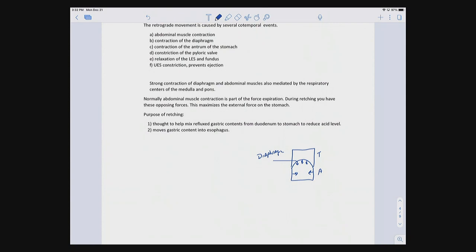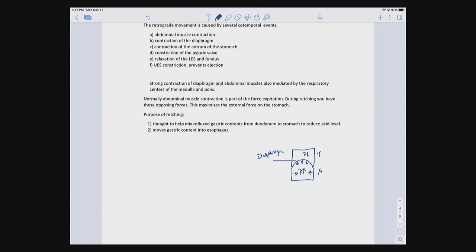With the contraction of the diaphragm with the glottis closed, that is going to drop the pressure in the thoracic cavity, but also it is greatly increasing the pressure in the abdominal cavity because I am squeezing from the sides and I am pushing down, generating pressure in that area.